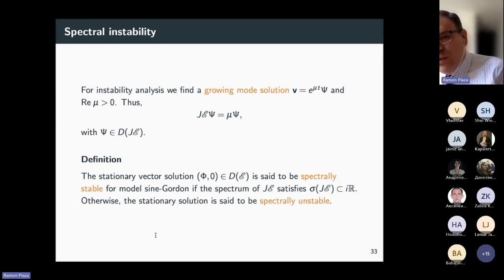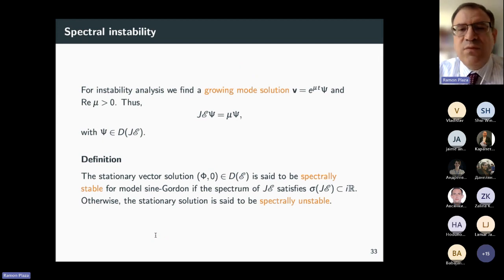So we proceed with the spectral instability analysis. We are actually going to prove that these coherent structures are spectrally unstable. And for that purpose, we have to establish an instability criterion.